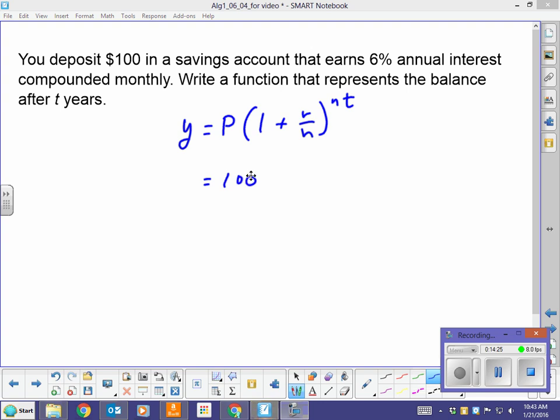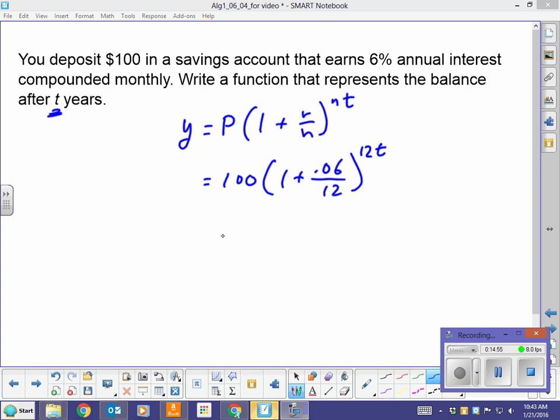That's our principal. That's what we started with. The rate here is 6%, so 0.06. Remember, we said decimal form. And N, we said N was the number of times it compounded per year. Since this compounds monthly, this is a 12. And then this will be 12 times T, so T years. We're leaving T because it says to leave this as T here.